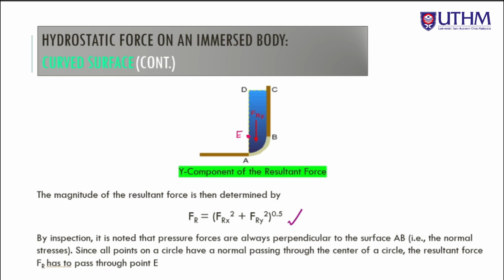Sebenarnya benda ni sama je kalau kita consider dekat sini. This is the point E, alright, and then kita pecah kepada X and Y component. So we have here is the resultant FR, and then the X component is here FRX, and then kita ada FRY kan, component in Y direction.